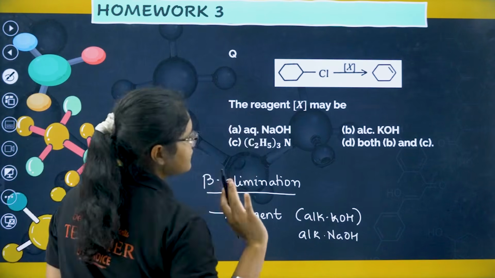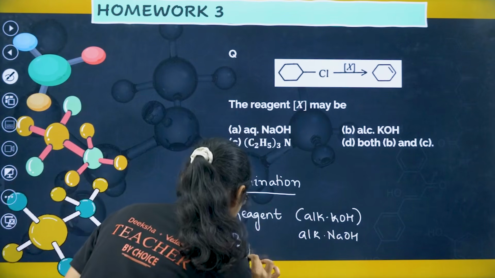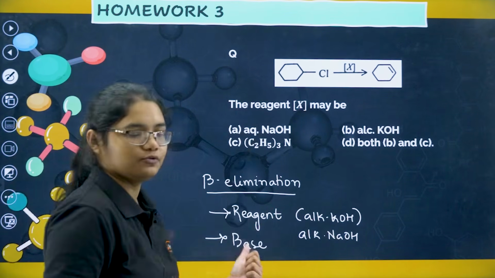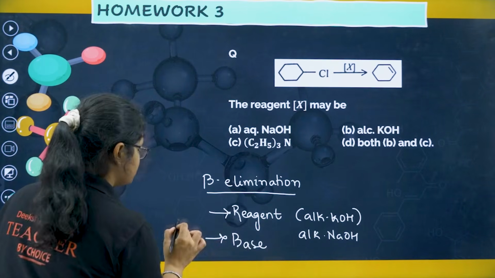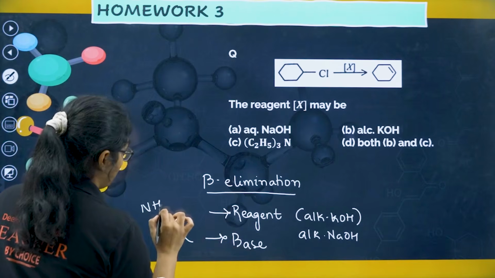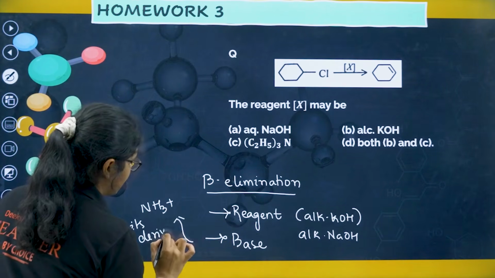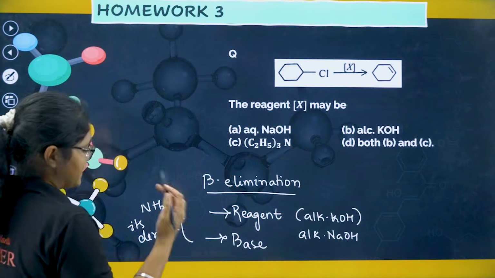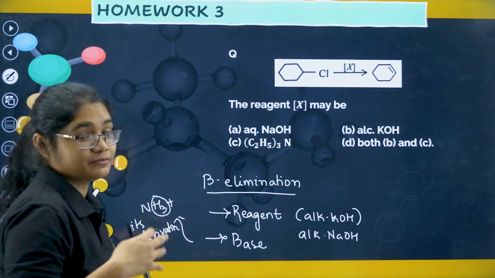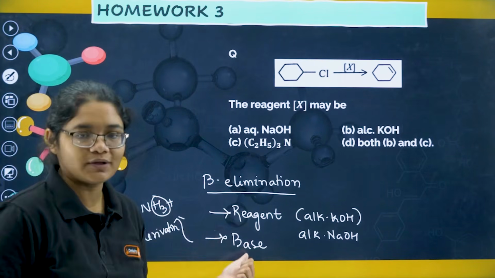Next, any type of strong base can be used. And when I talk about base, you should remember ammonia and its derivatives. When I say derivatives, I mean the H groups are replaced with R groups. So ammonia and its derivatives can also behave as a base.